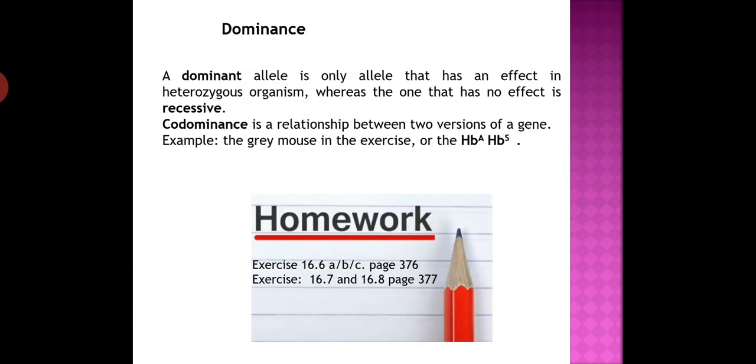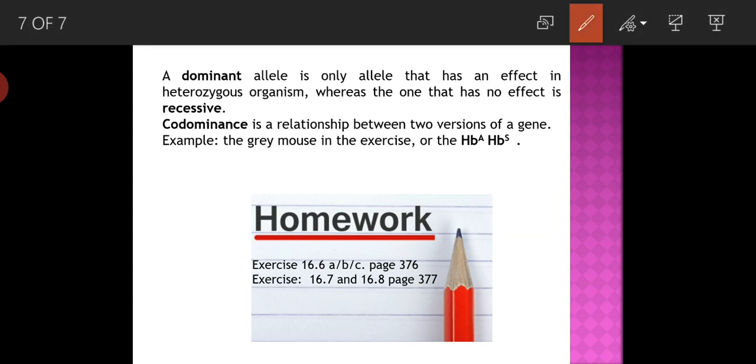What about dominance? A dominant allele is an allele that has an effect in the heterozygous organism, whereas the one that has no effect is known as recessive. For example, for the fur color of the mouse, we had the letters two large B's.